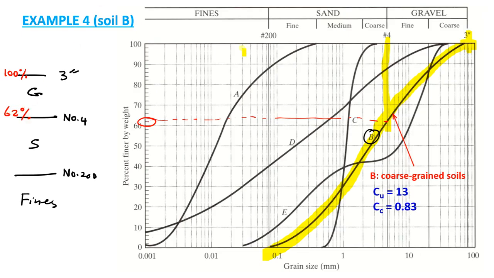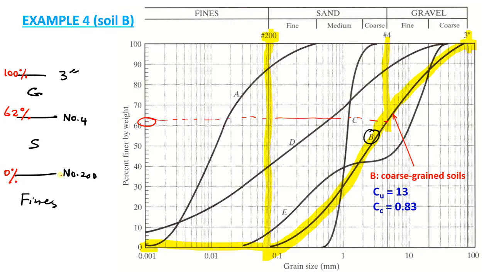The third one is the number 200 sieve. If I go down, the curve is just very close to 0. So I'm going to take this value as 0. There are no fines, 0%.